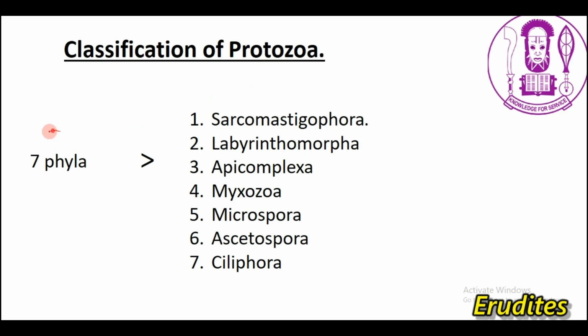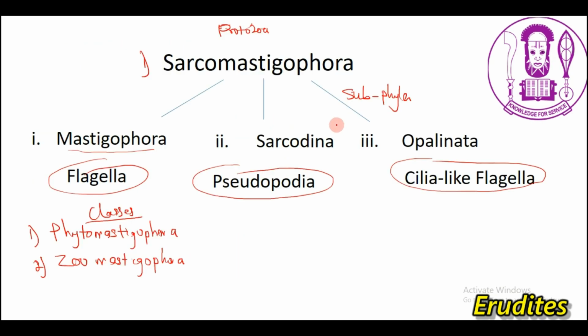Like we said, they are divided into 7 phyla. We have Sarcomastigophora, Labyrinthomorpha, Epicomplexa, Myzozoa, Microspora, Cetospora, and Celiophora. We have looked at everything that has to do with the Sarcomastigophora, and this is just a summary of it.